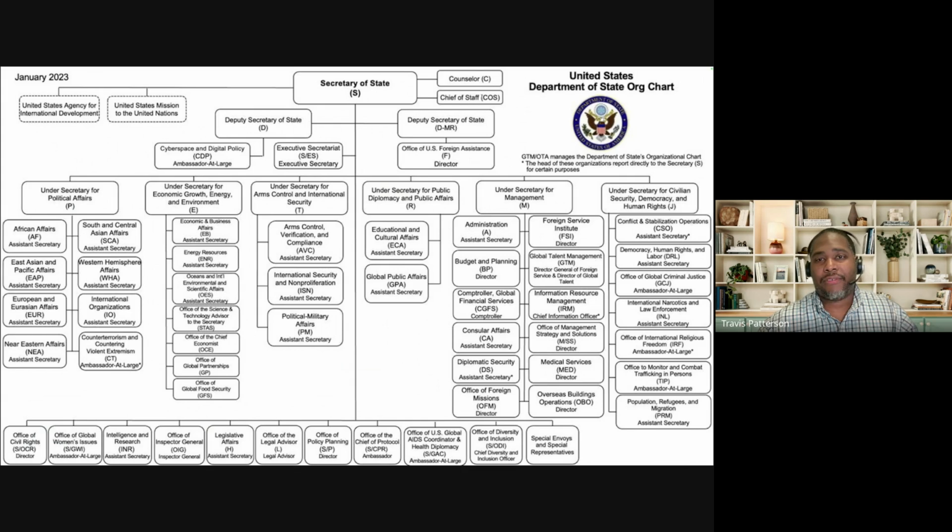The Chief of Staff, this person looks like they're reporting to the Counselor. Please, in the comments, or someone here can come off mute and correct me, but does this person report to the Chief of Staff? The reason I ask is because the Secretary of State is a part of the president's cabinet.